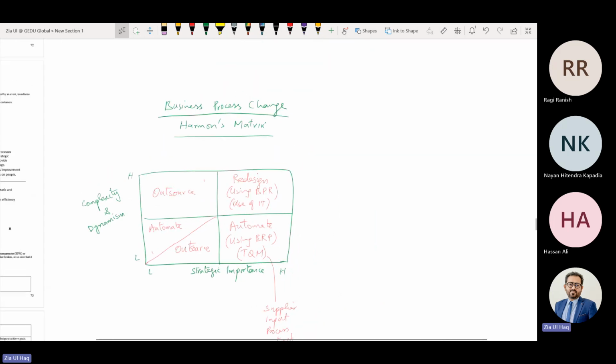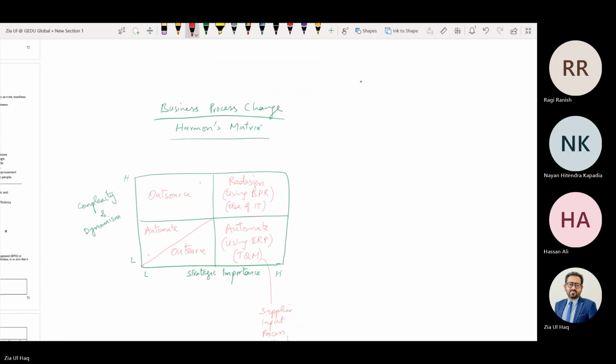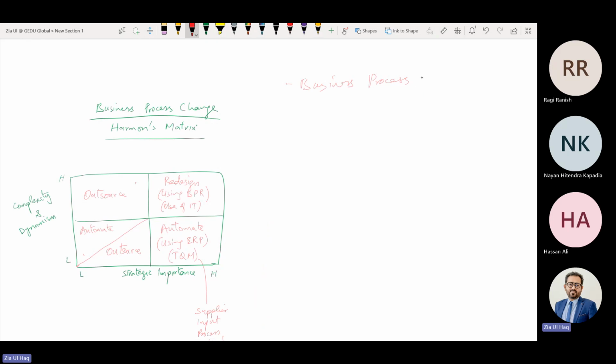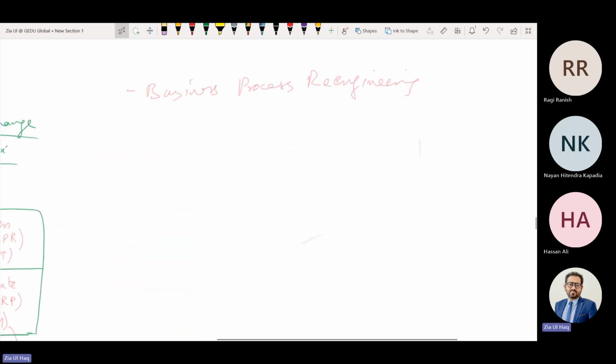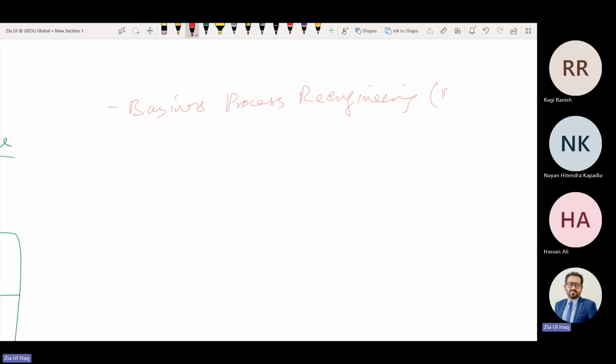BPR stands for business process re-engineering.